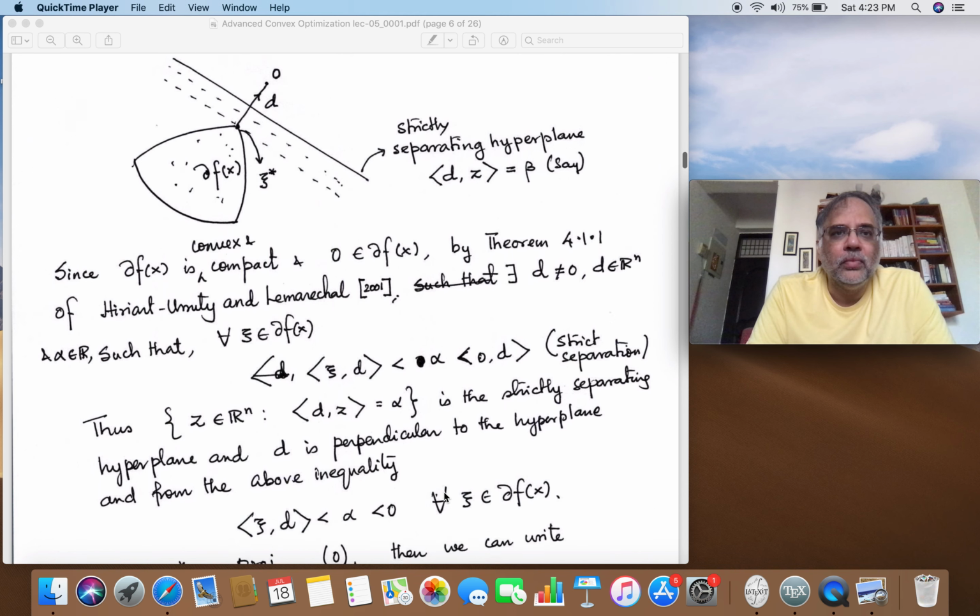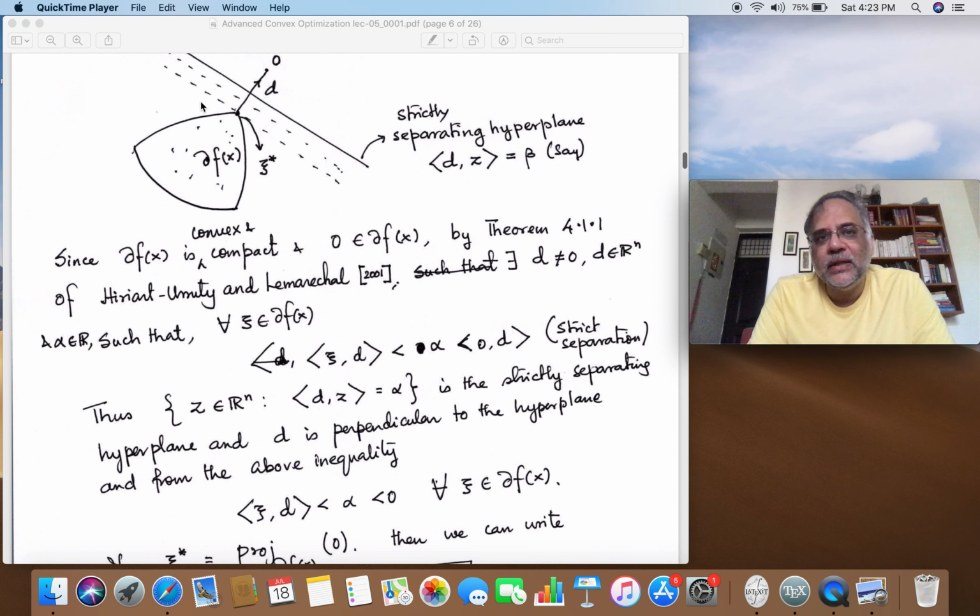So the whole idea is that, you already know from the basic ideas of convex analysis, the projection vector will make an obtuse angle with the rest of the elements of the set, and hence this projection vector can qualify to be a descent direction.